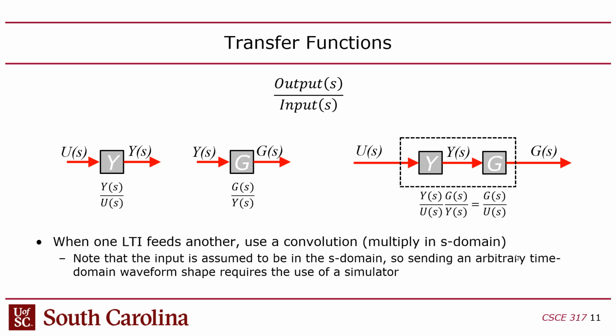So if U is my set point, Y is my manipulated variable, and then I have an input of Y into the plant, and G is the output of the plant, which you can think of like the process variable. What you end up with is this Y is common between these two. So I want to connect these together, treating them like two components that I'm going to plug in.